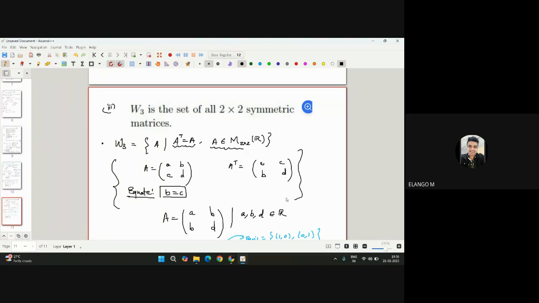It's okay, but you need to consider all the matrices, right? If you put A here, it would still be a symmetric matrix, but it will not encompass all the symmetric matrices. Okay, but this is the more general form.